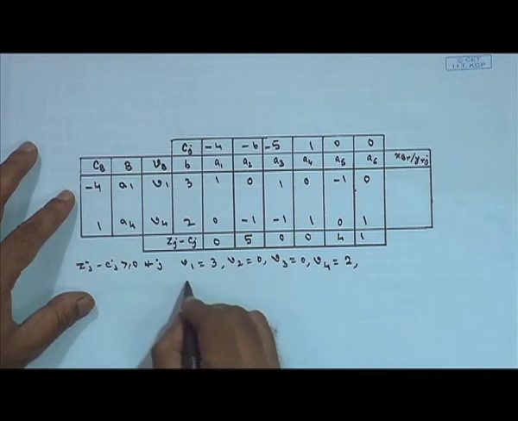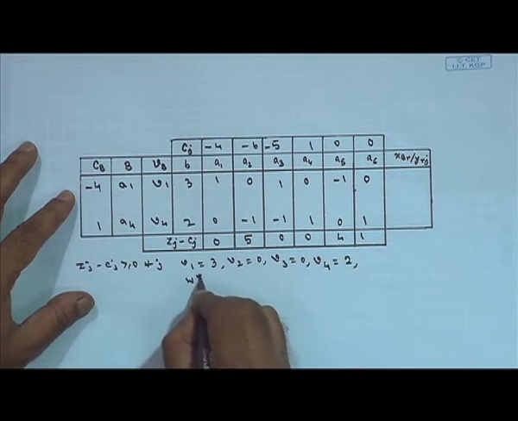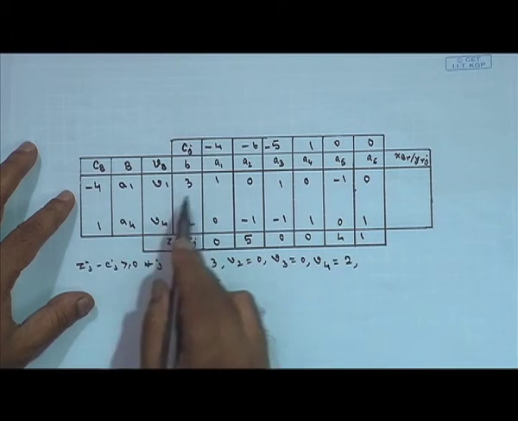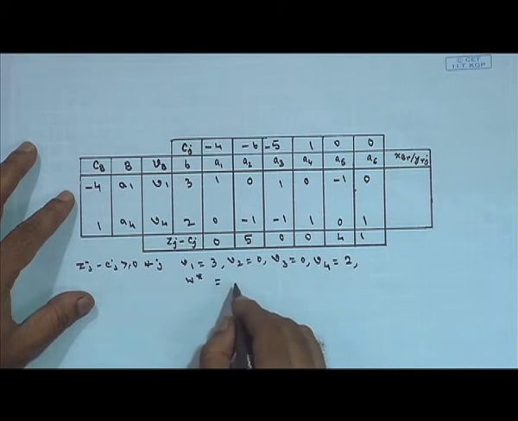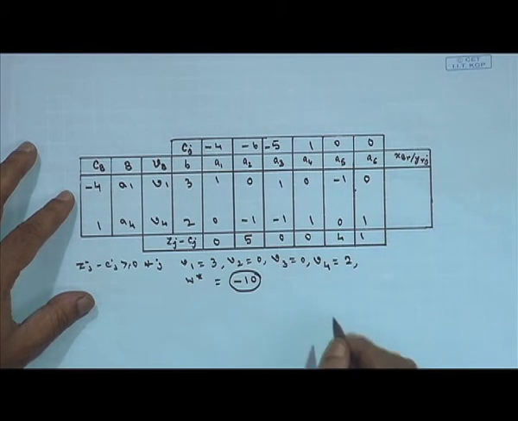And what will be your W star? Your W star will be minus 12 plus 2, so W star will be minus 10 basically, and since I have to take the minimization, the optimal value will be equal to 10.